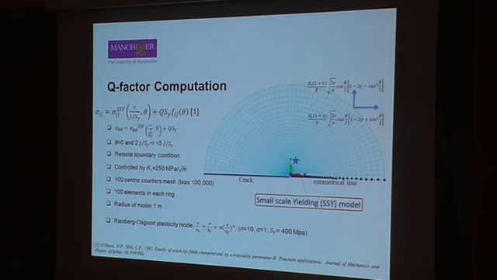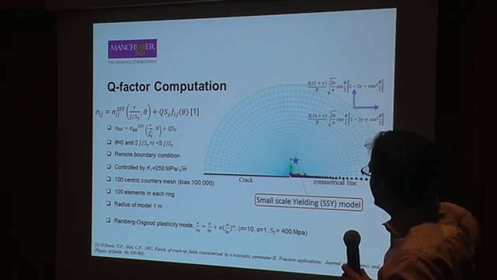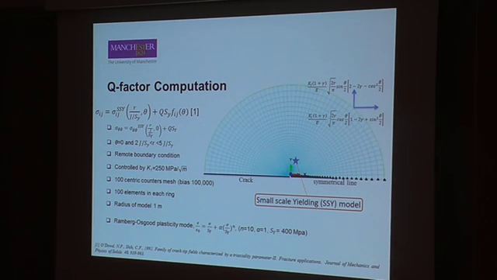Okay, let's go forward to Q computations. I am using the following equation, equation number 1, for calculation of the Q parameter. In these equations, we need to have the small scale yielding solution.